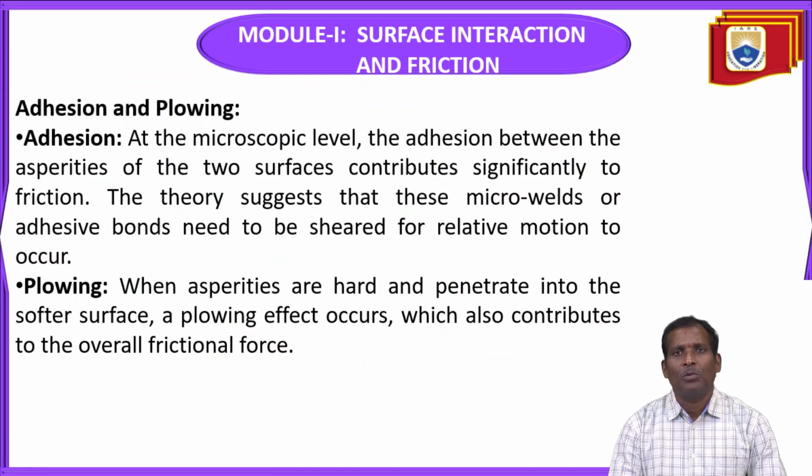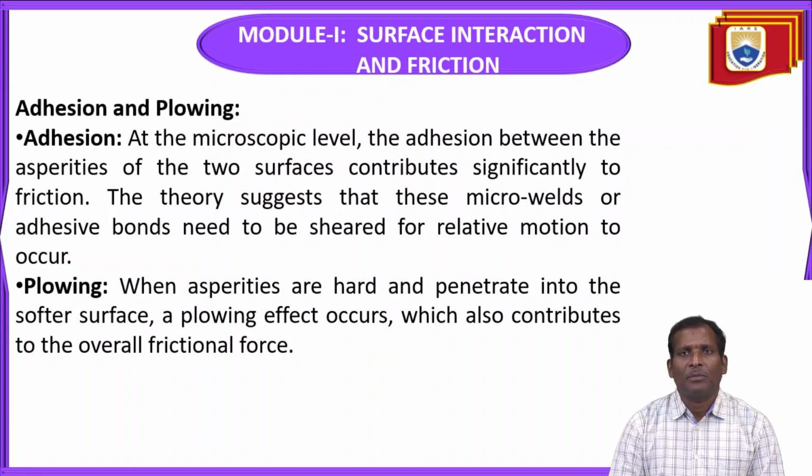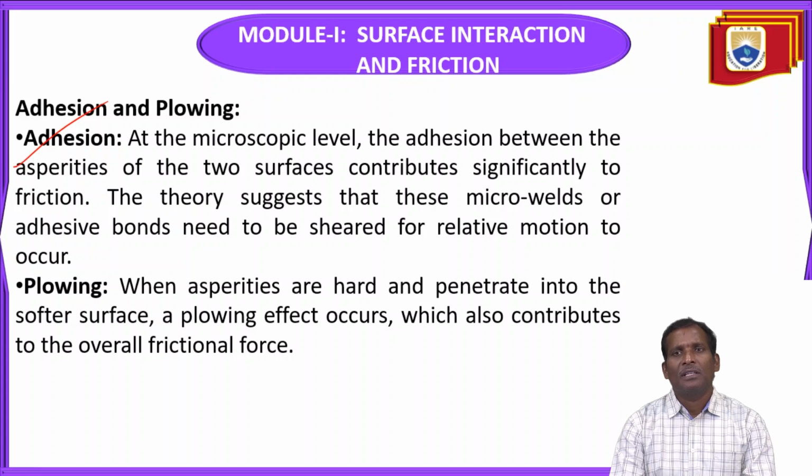Next, adhesion and ploughing. Adhesion means that at the microscopic level, adhesion between the asperities of the two surfaces contributes significantly to friction. The theory suggests that these micro welds or adhesive bonds need to be sheared for relative motion to occur.